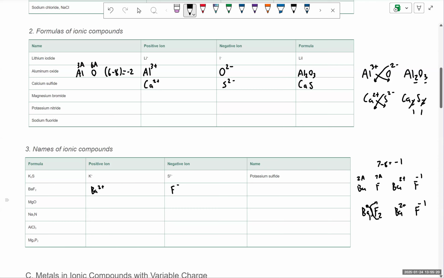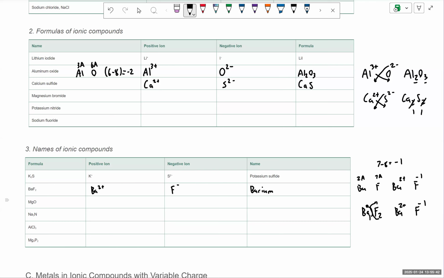And let's write the name of this ionic compound. Naming ionic compounds is relatively straightforward. We write the name of the cation, which is barium. I would double check my spelling on that really quickly, so let me pull up a copy of the periodic table.